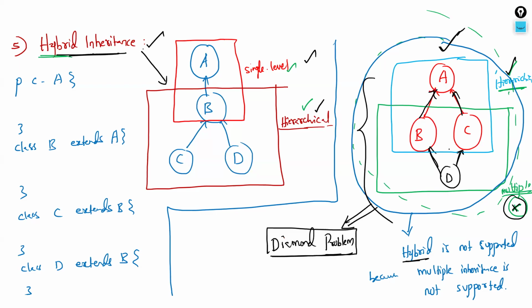Are there any other types? Okay, so there is a next one. I am writing the diagram. Class A. What is this called? Self inheritance. Yes, this is the sixth one.